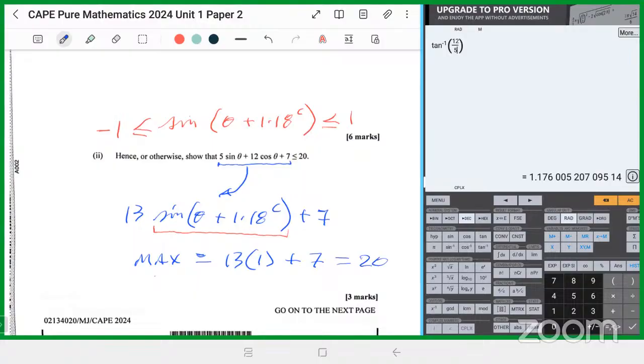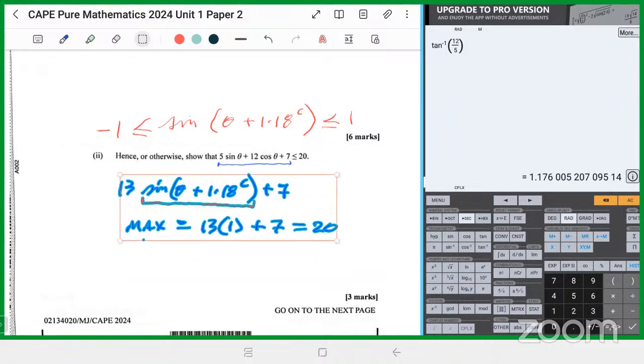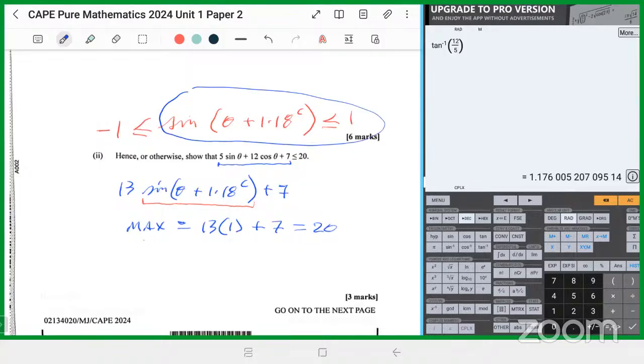I'm just trying to find a way to express it. The key thing I want to see in this question is that you know the largest value that the sine can be is 1. So it has to be less than or equal to 20, because its maximum is 20.